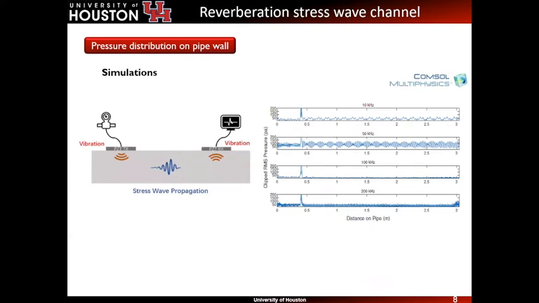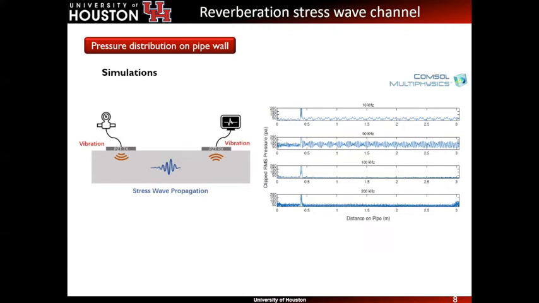We use COMSOL Multiphysics to simulate the source vibrating while the stress wave reflects at both ends of the pipe. And we test the system using sinusoid signals. Here in this figure, we plot the results at some frequencies. We observe that when transmitting at unit power and the frequency changes, the averaging pressure will also change.